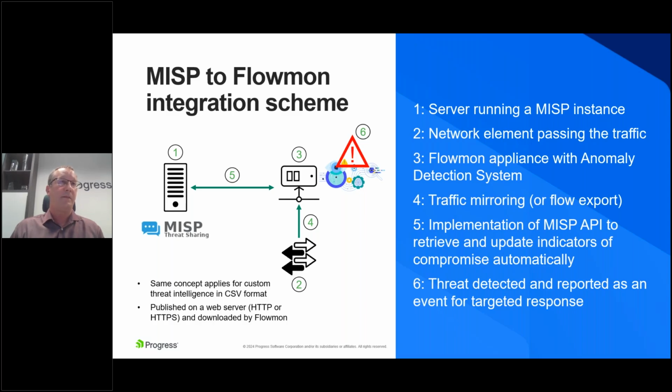So this is all you need to do if you want to use MISP. And it's pretty much the same concept that applies for custom threat intelligence in CSV format. So if you have this additional source, if you don't want to use MISP, you just publish these files on a web server and point Flowmon to those CSV files, and Flowmon will automatically update based on new content in those files.